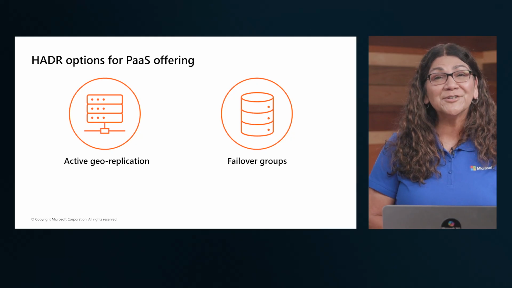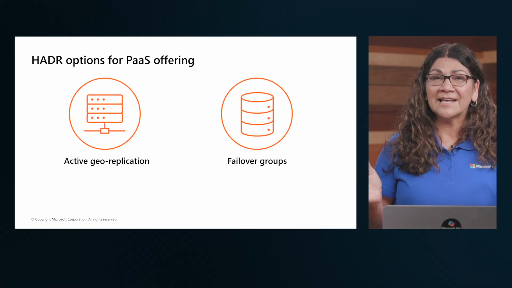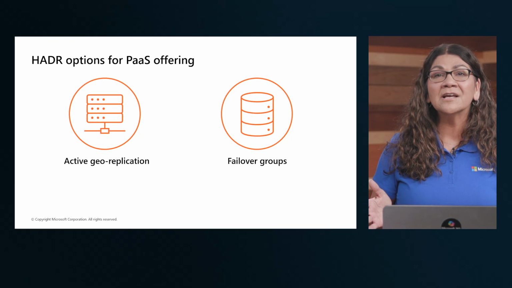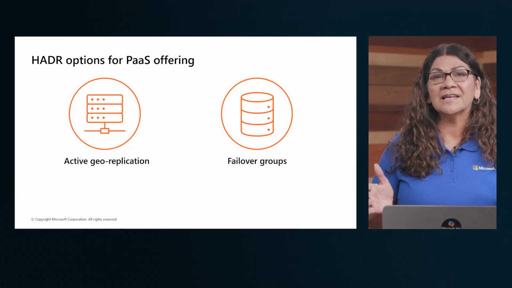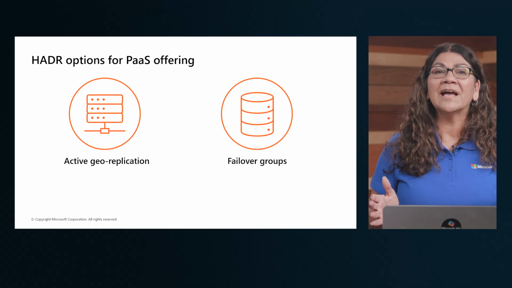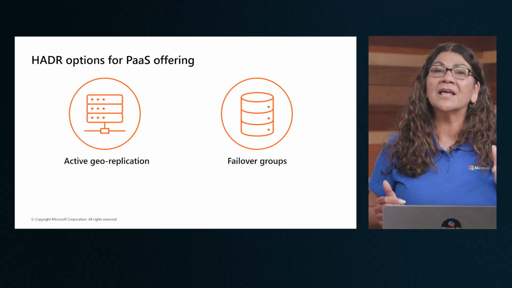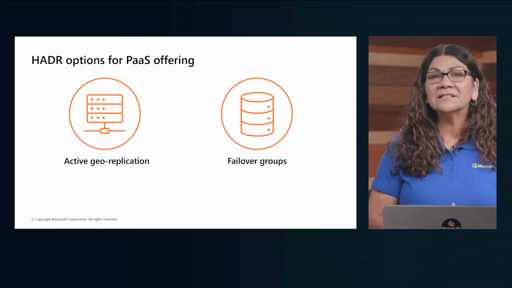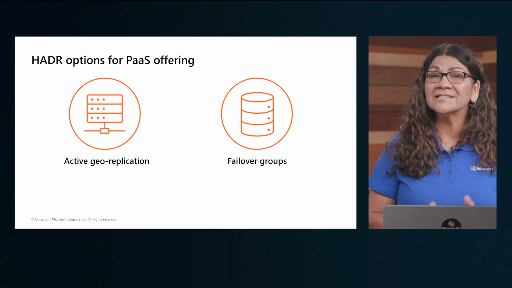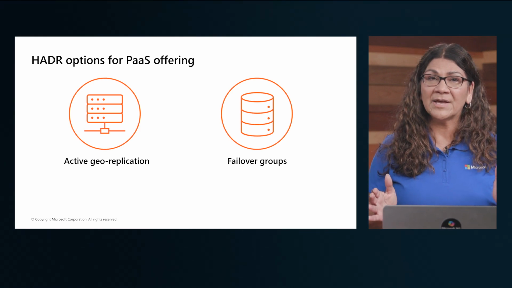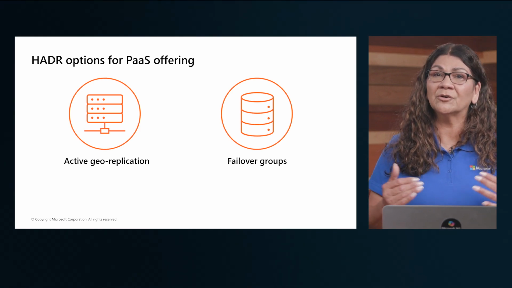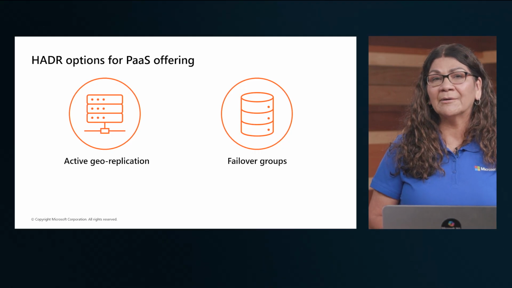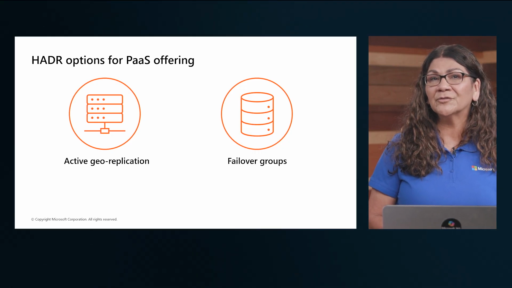Here we see two key high availability and disaster recovery options for Azure SQL Database in a PaaS environment. We have active geo-replication and failover groups. Active geo-replication enables secondary databases across different geographical regions, allowing quick manual failover and enhanced data availability.